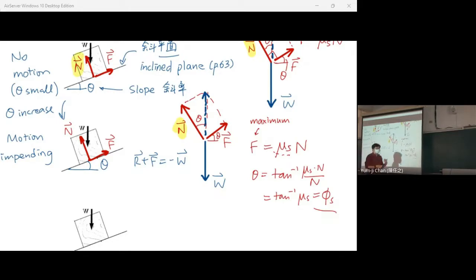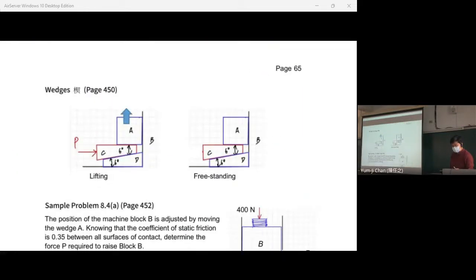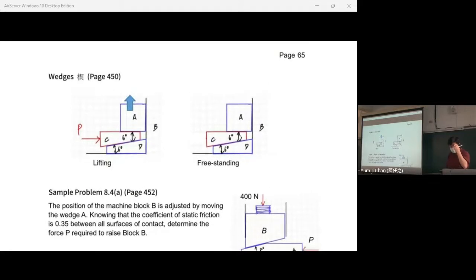It has another use as well that I will talk about on Tuesday. On Tuesday I will talk about wedges. With wedges, if we put a force P here, it will push to the right, and block A will go up.